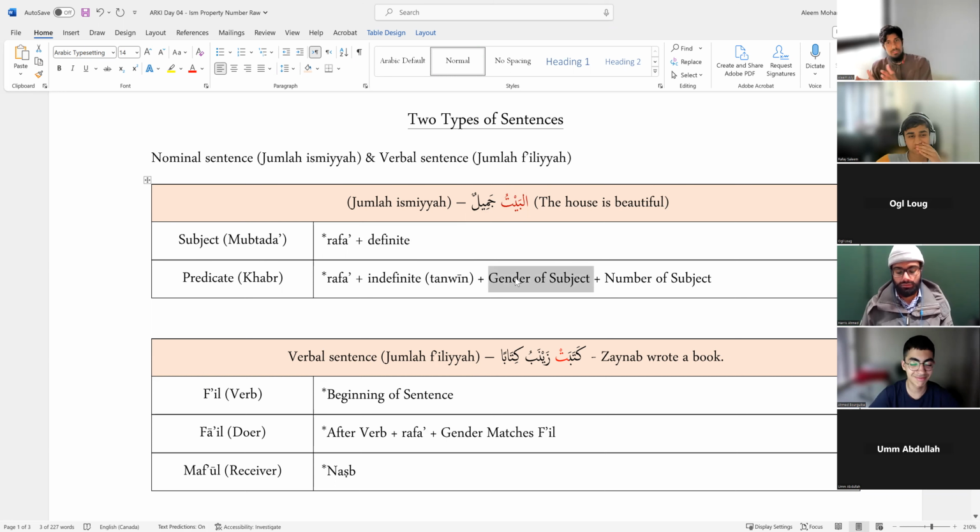We were doing some examples yesterday at the end of class where we were matching the gender of the khabar to the gender of the mubtada. So their genders will have to be the same. If your mubtada has a ta marbuta and it's feminine, guess what? Your khabar will probably also have to have a ta marbuta if it's feminine as well. And one thing that we'll learn today is that the number has to match as well. And if you can align all four of these things, you have a mubtada khabar combination, right?